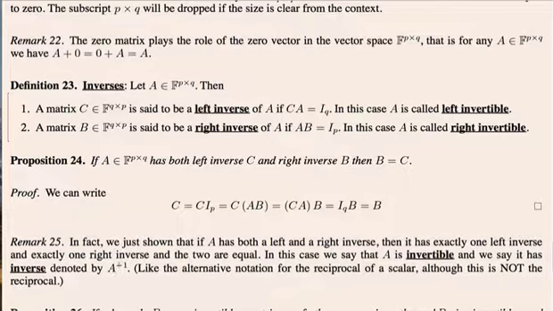So this is like a negative power, but it has a completely different interpretation when you try to calculate the inverse. It's the same notation as for the reciprocal of a scalar, but it's not a reciprocal.